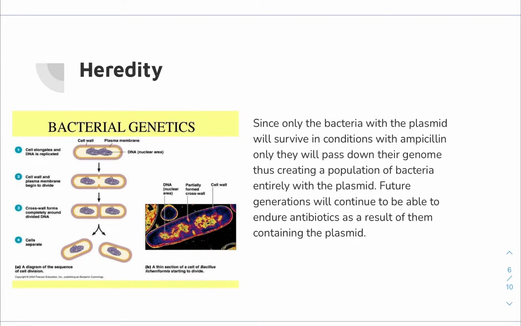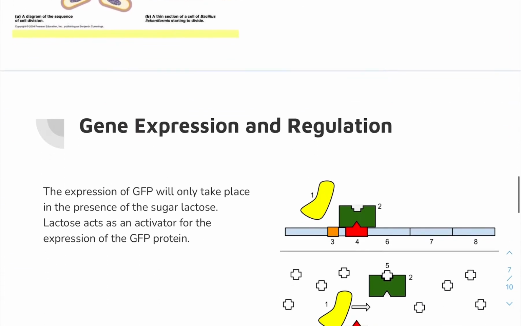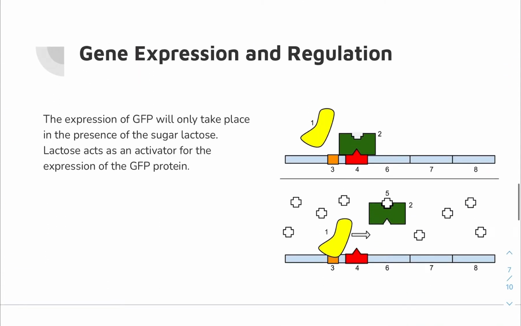And that kind of relates to something we're going to get to very shortly. But in terms of gene expression and regulation, the expression of GFP, as we were able to tell from our results, only takes place in the presence of lactose. So without lactose, the operon which allows for the coding of the GFP gene inside of the plasmid is activated by the presence of lactose.